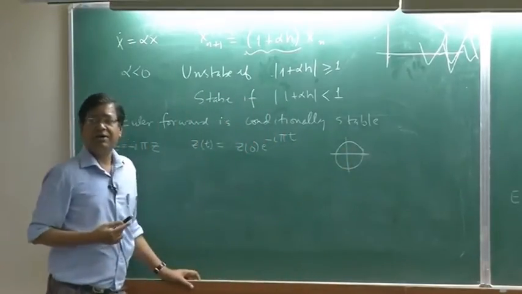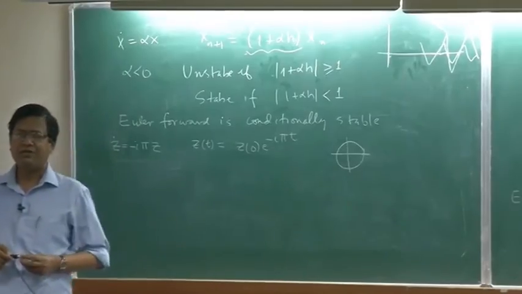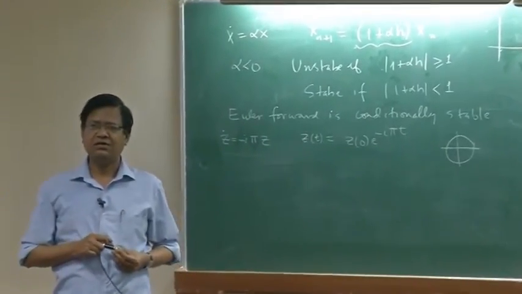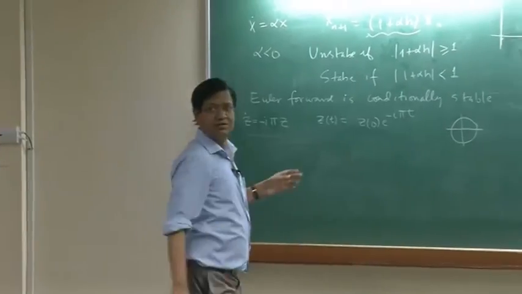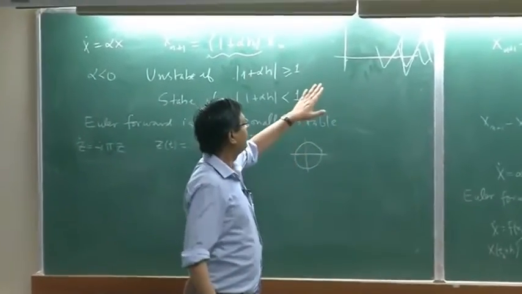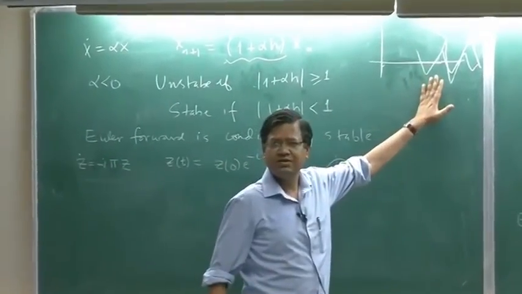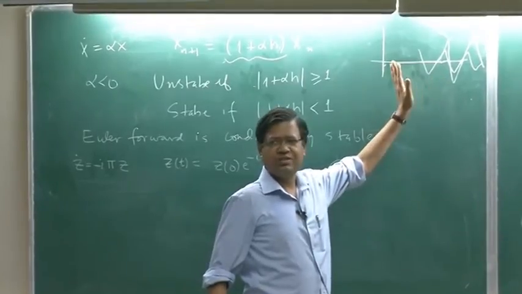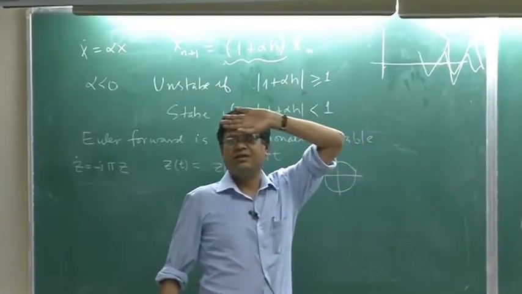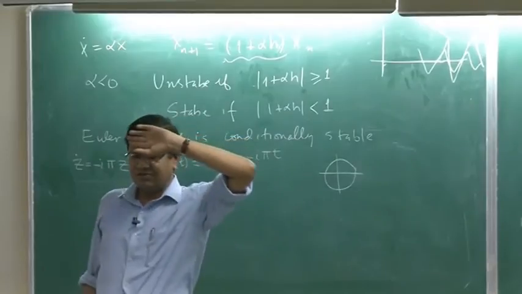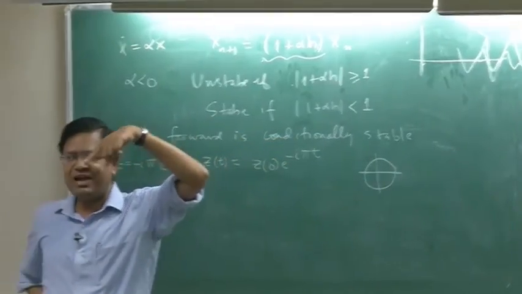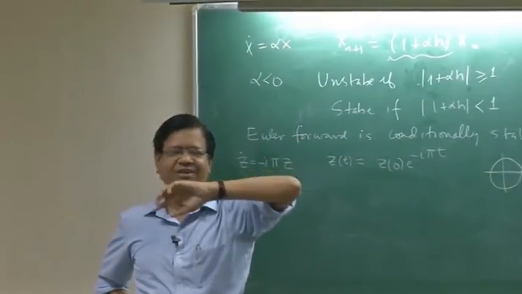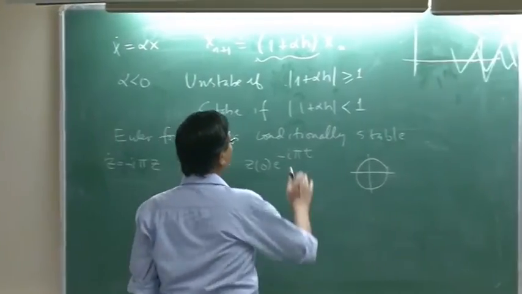So what happens? Yeah. The solution will stay bounded. I mean it will stay constant. That's true. So stable. It's a good question. My answer was going to 0. Well, actually, I will grant you that.